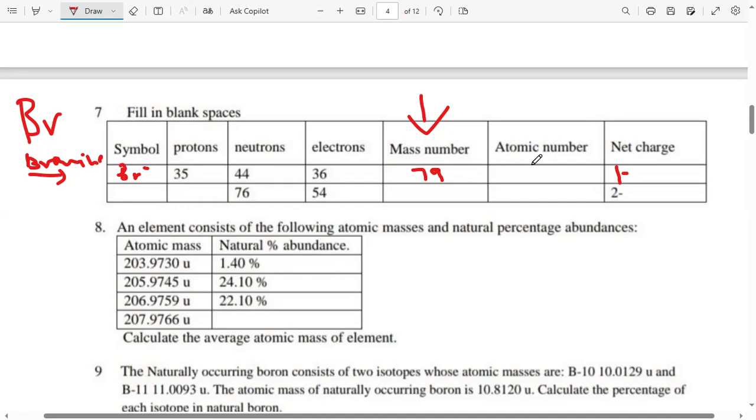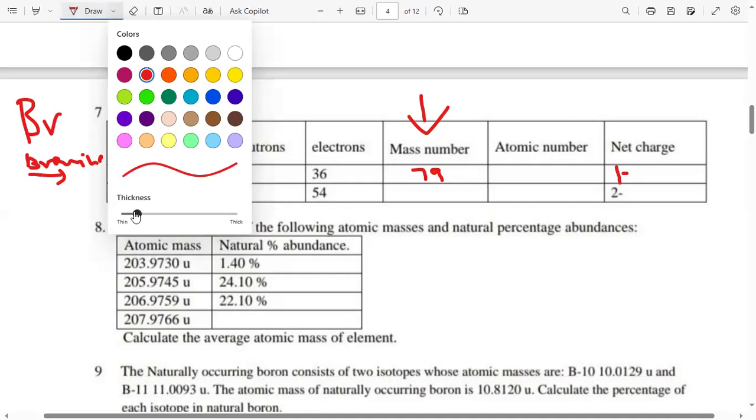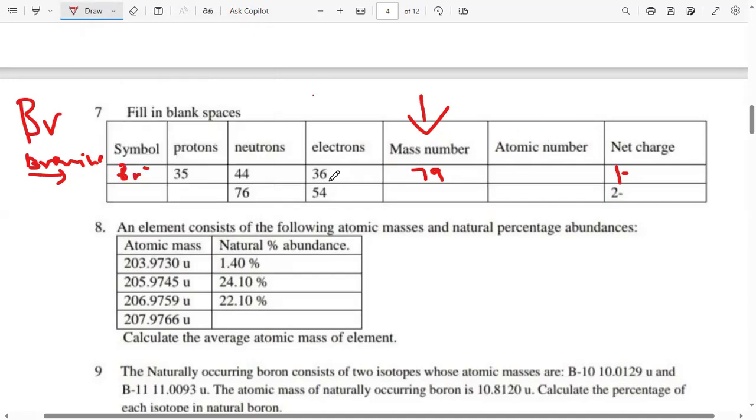Then we are remaining with the atomic number. The atomic number is always equal to the proton number, so there's no need to stress finding it. Just get the number of protons and put them there. So we filled in the first column.